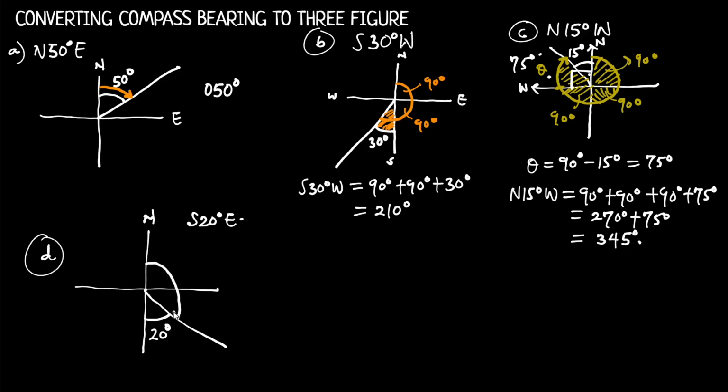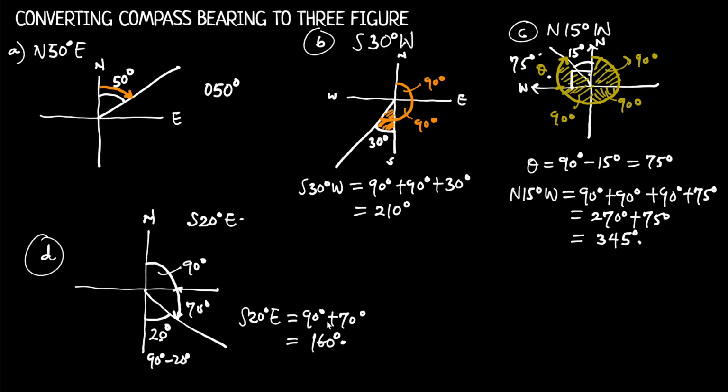As soon as you touch the line, you stop. You break down all the angles you have along the way. The first angle is 90. This remaining angle here is going to be 90 degrees minus 20. That is 70. So which means the bearing in question, which is south 20 degrees east, is going to be 90 degrees plus 70 degrees, and that's equal to 160 degrees.